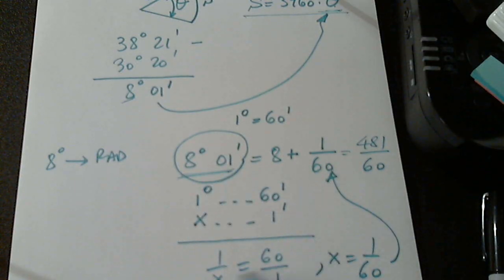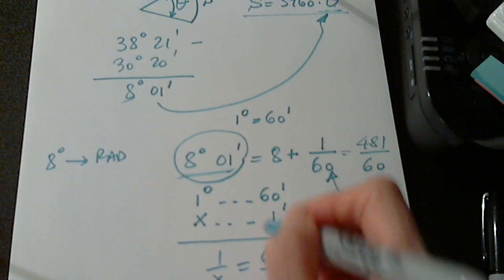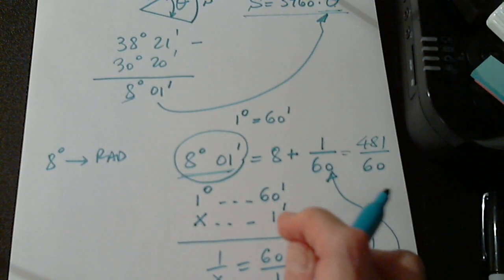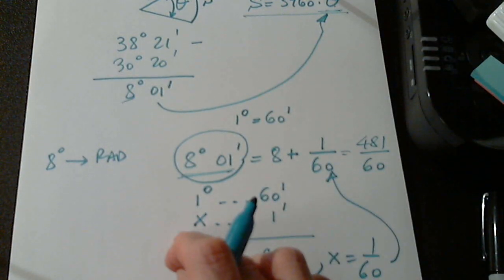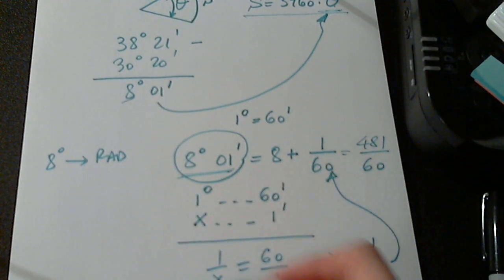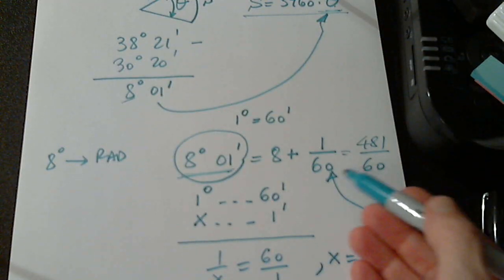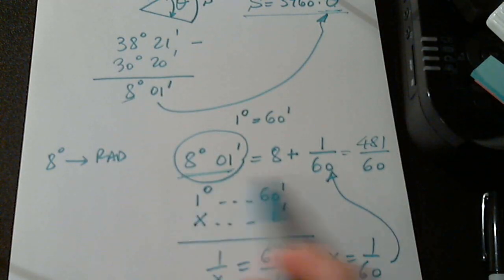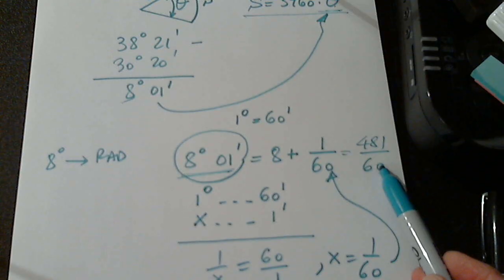But this method works for anything. If you want to find, for example, how many degrees will be 4 minutes? How many will be 10 minutes? This formula works very nicely to find out anything. Yes, basically you divide by 60, but I just wanted to show where it's coming from. Okay, so now I have this in degrees.